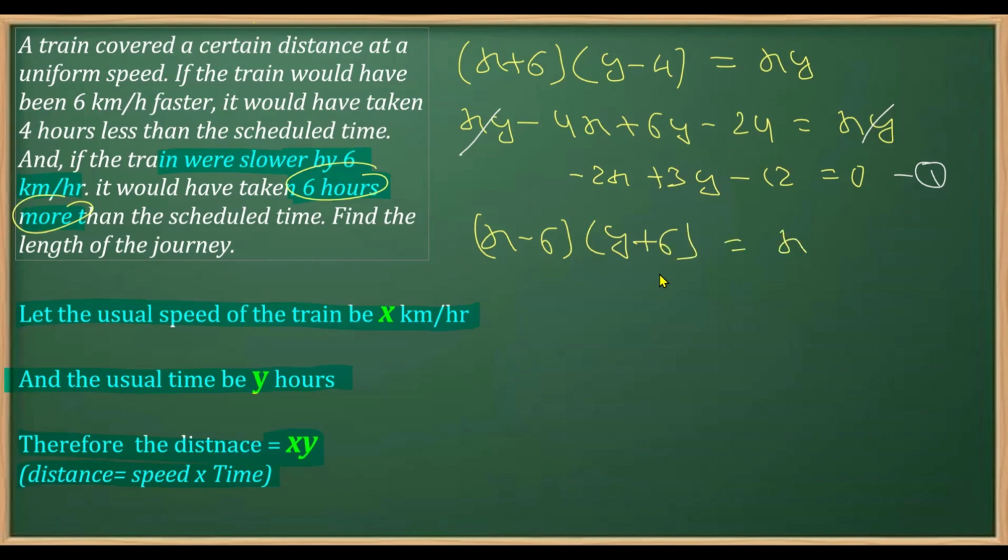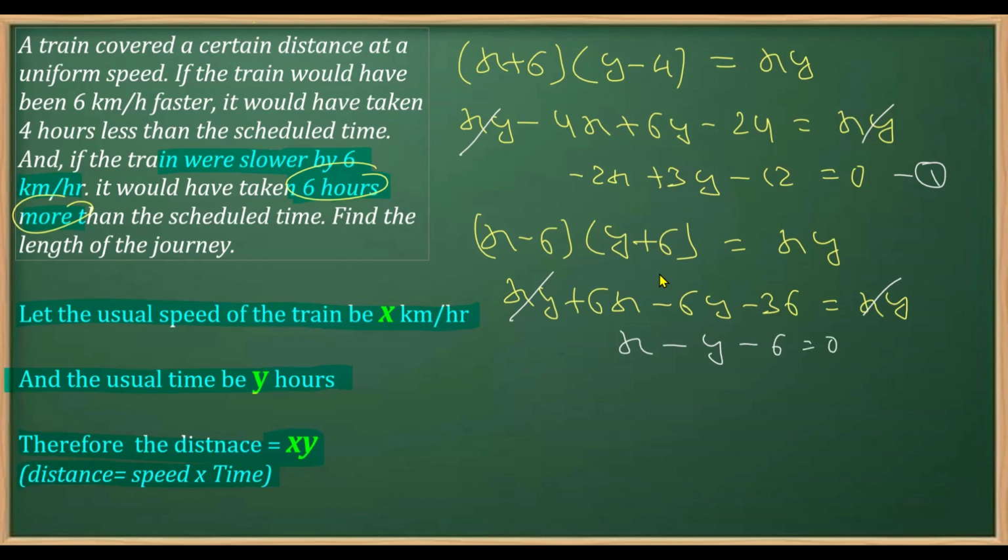But the distance will be the same, so I'm writing xy only. So x into y, x into 6 is 6x, minus 6y, and minus 36 should give you xy only. Here too you can figure out that xy gets cancelled, and I think we can take 6 common from here.